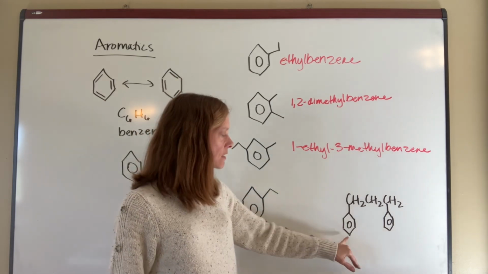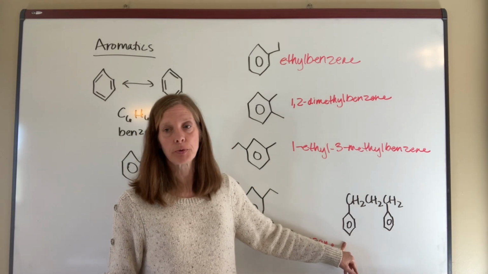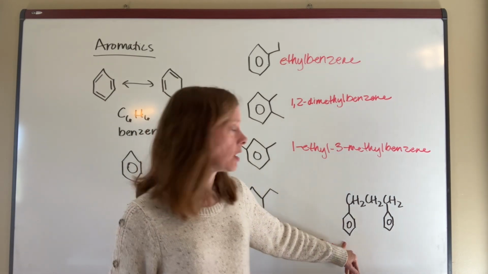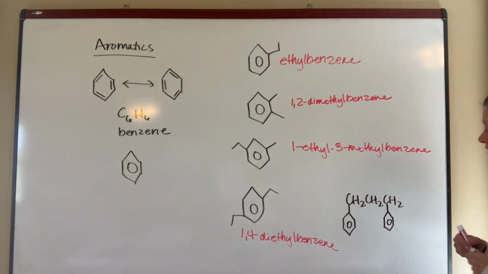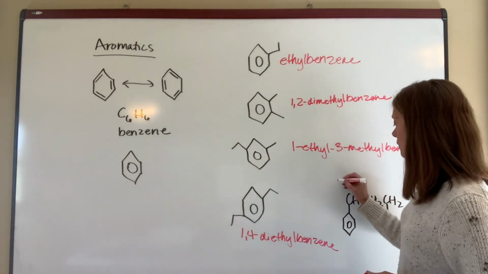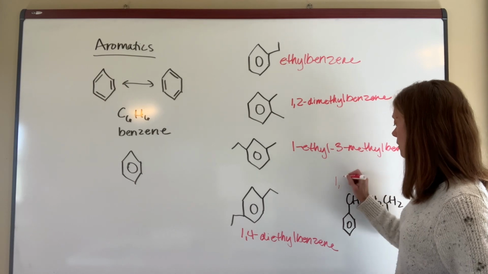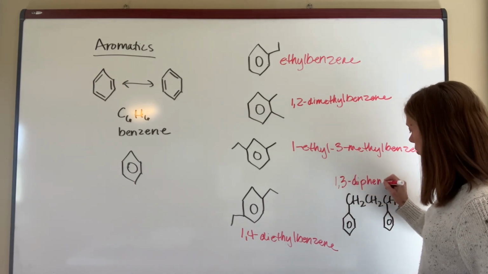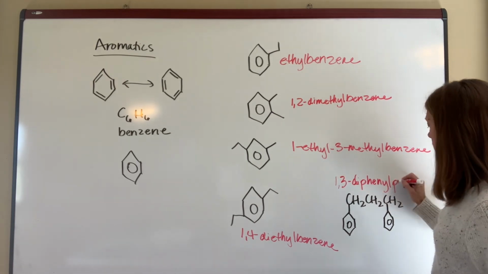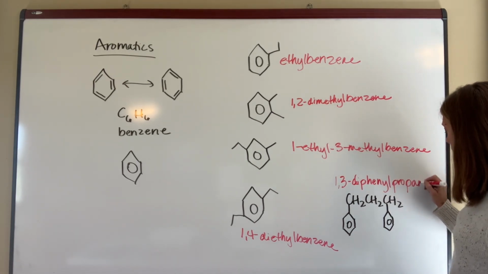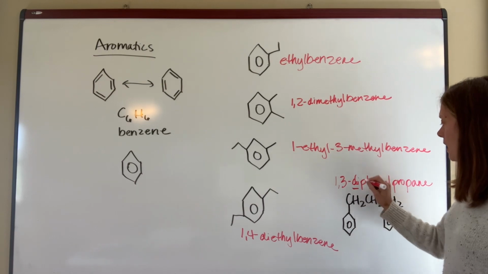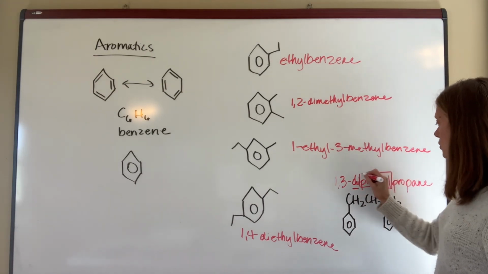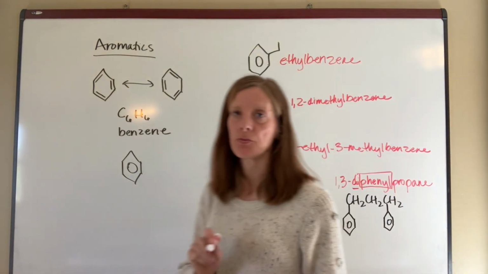And so if they're hanging off, I call it a phenyl group, P-H-E-N-Y-L. So the way that I would name this compound is going to be 1,3-diphenylpropane. Okay, so there's the di, and then the phenyl is what I'm using as the substituent name for it.